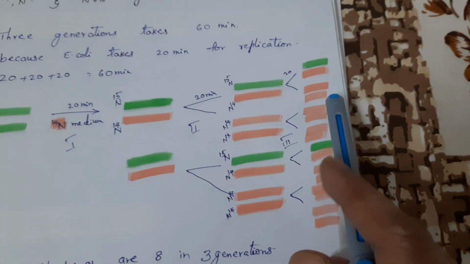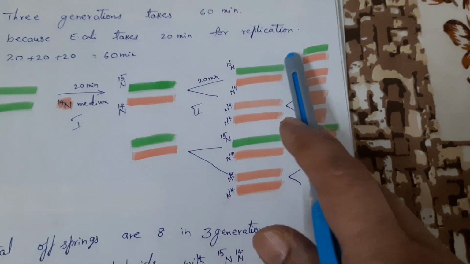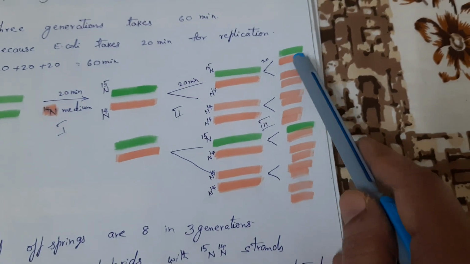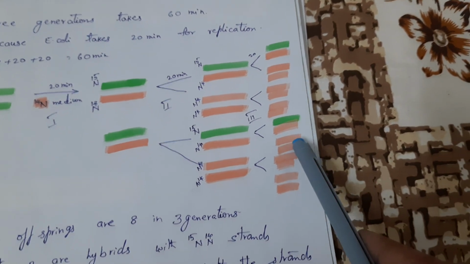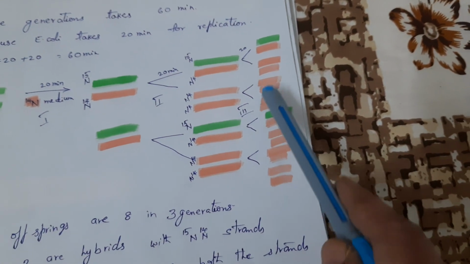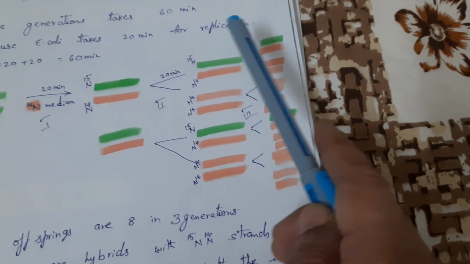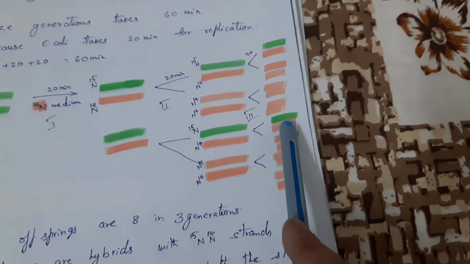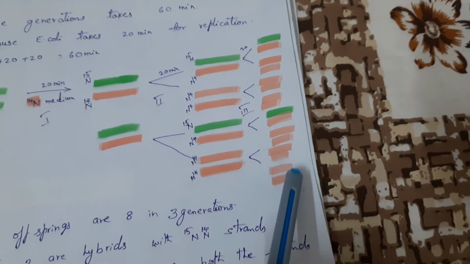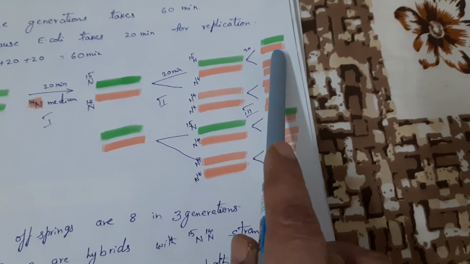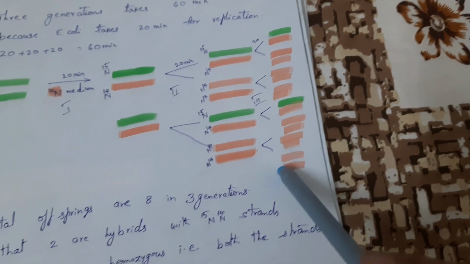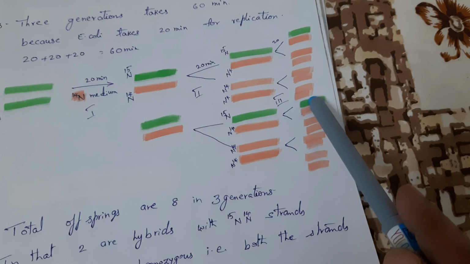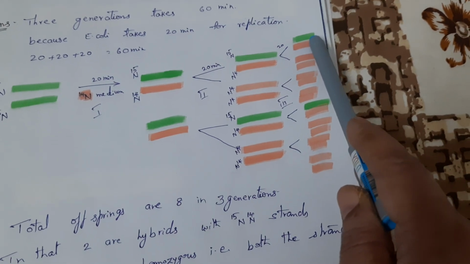Now we have taken the third generation. In the third generation, we will get total 8 offsprings. See here, 1, 2, 3, 4, 5, 6, 7, 8 offsprings. In these 8 offsprings, 2 offsprings have N15 and N14 strands, and all others will have N14, N14. So out of 8, 2 will be the N14, N15 hybrid varieties.